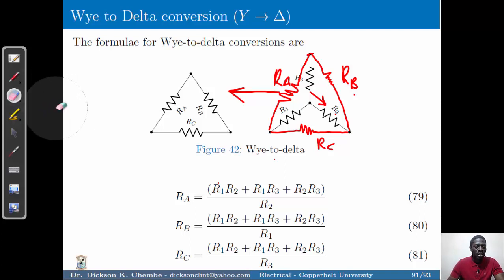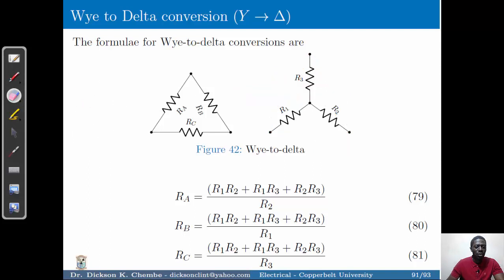Now, these questions come in various formats. In most cases, you'll find these setups or arrangements of resistances in Thevenin's theorem, Norton's theorem, and basic equivalent resistances, where you have to find the equivalent resistance.